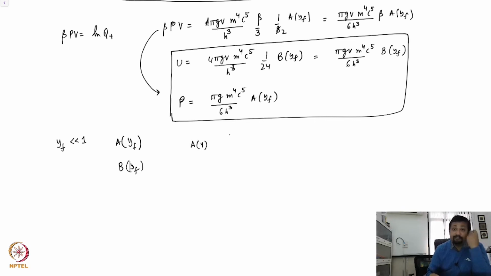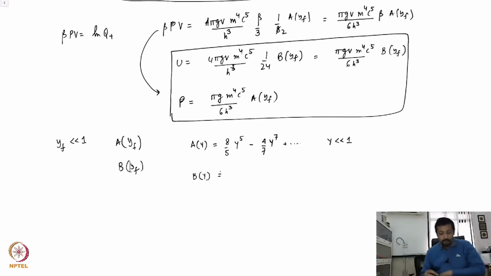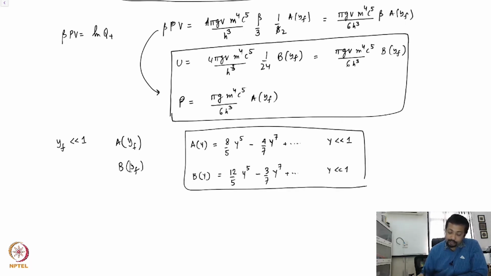So for y much less than 1, A(y) is 8 by 5 y to the power 5, and then you have 4 by 7 y to the power 7 plus higher order terms, and you have B(y) going to be 12 by 5 y to the power 5 minus 3 by 7 y to the power 7 plus higher order terms. This is the first expansion that you are looking at.